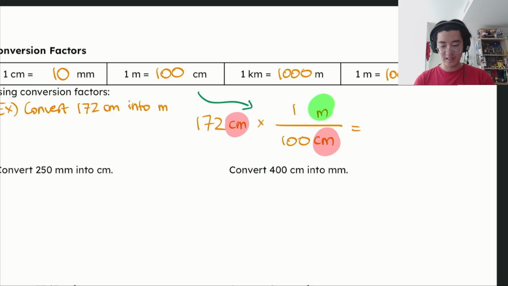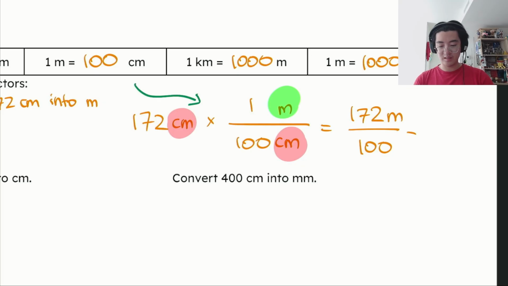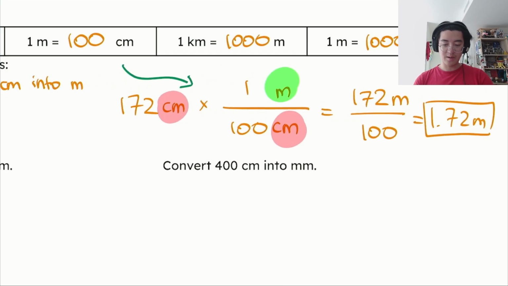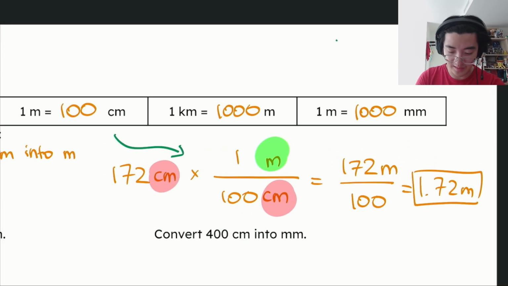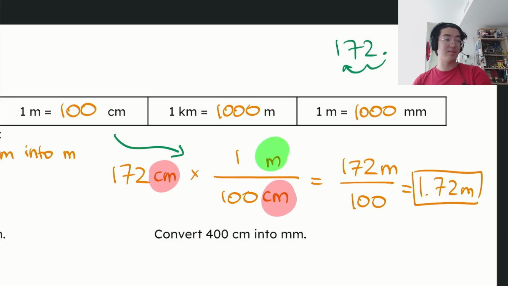So, we have 172 meters over 100. 172 divided by 100 is 1.72 meters. Remember, when we divide by 100, we're just moving decimal places. The decimal's here, we move 2 spaces to the left, because it's 2 zeros.